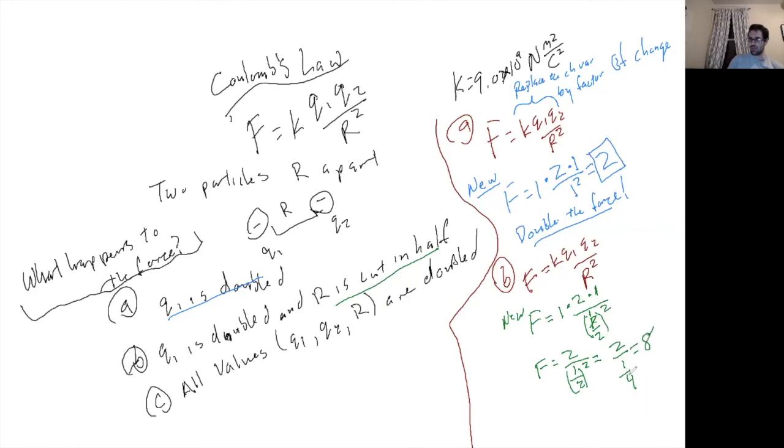I'm dividing by a fraction, so I multiply it by the reciprocal, and I get a force that is 8 times as big. When I double Q1 and I cut R in half, well, first I'm doubling the force, and then cutting R in half makes it 4 times bigger. I'm closer, so it's stronger. And so that is for part B.